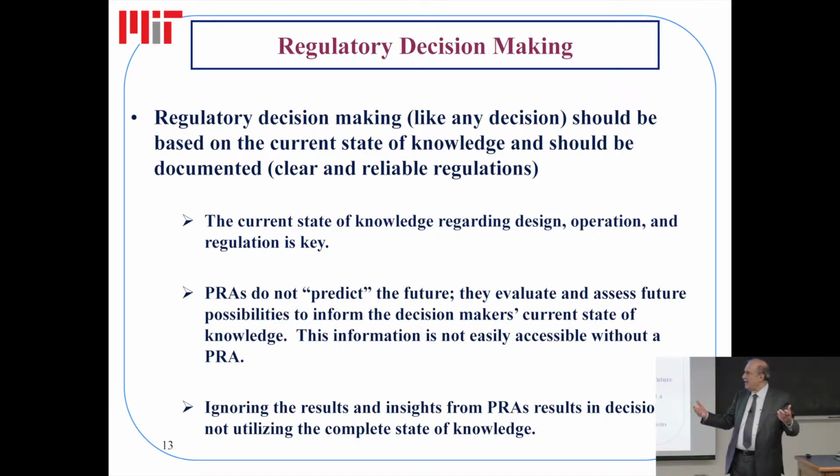If I have a room like this and there is a fire over there, how does the fire grow? What happens to the hot gases and so on? Very deterministic. And all of a sudden, PRA comes and says, well, no, we have to consider the probability of that fire, the probability of the gases spreading and igniting other targets and so on. And they were extremely reluctant to accept this approach, okay?